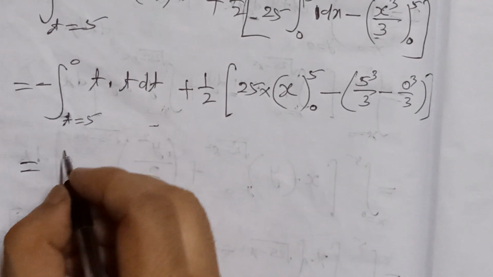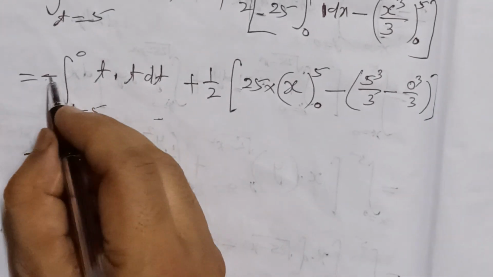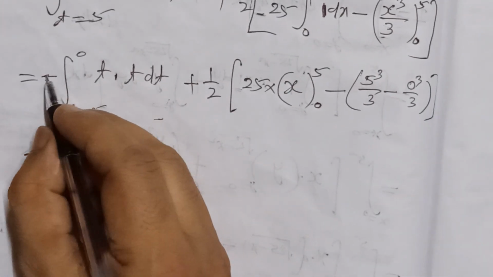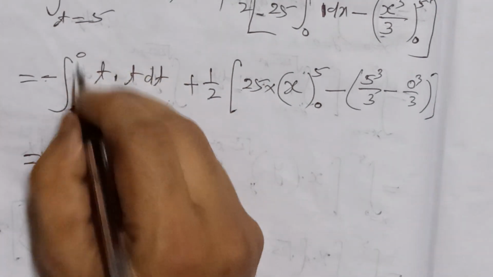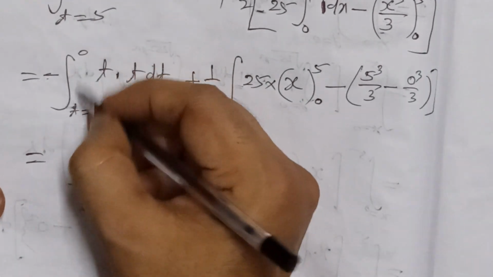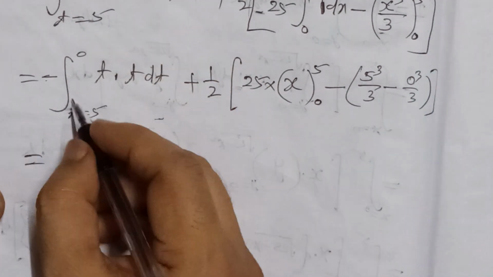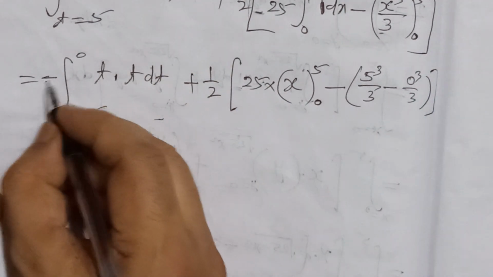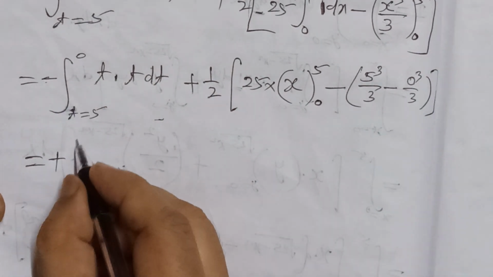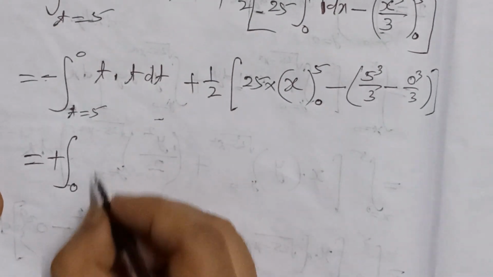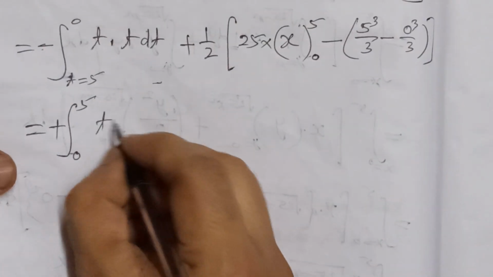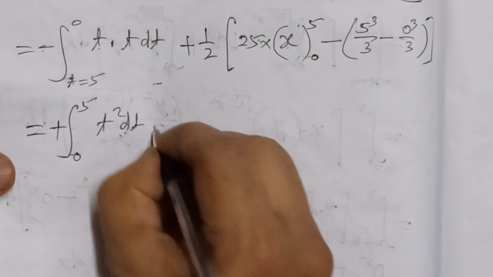It becomes t square, and you can also change the limit, interchange the upper limit and lower limit, and the sign becomes positive after interchanging the limit, and this becomes t square dt.